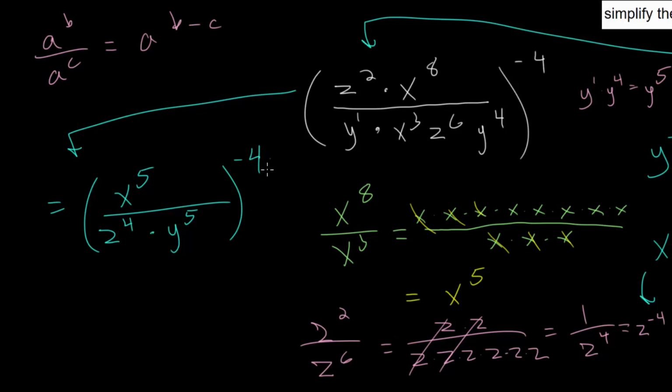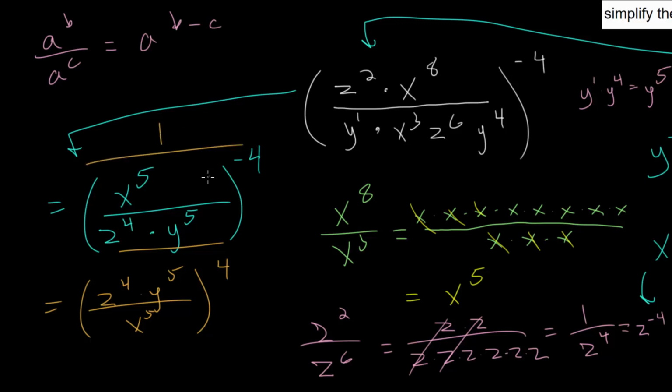Now keep in mind that when you have a negative exponent and you have a fraction, you can essentially just flip that fraction and the exponent becomes positive. And again, that's because we are dividing by this expression 4 times. So in theory, we could have 1 over this expression multiplied 4 times.